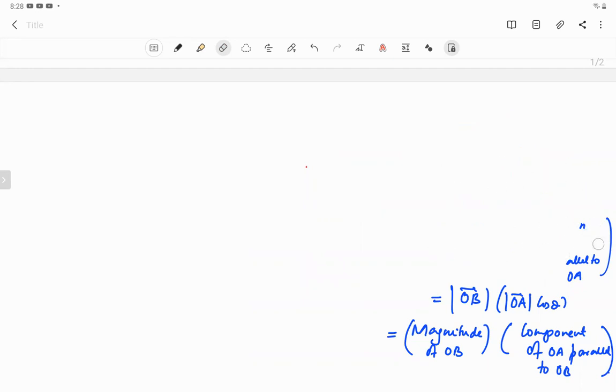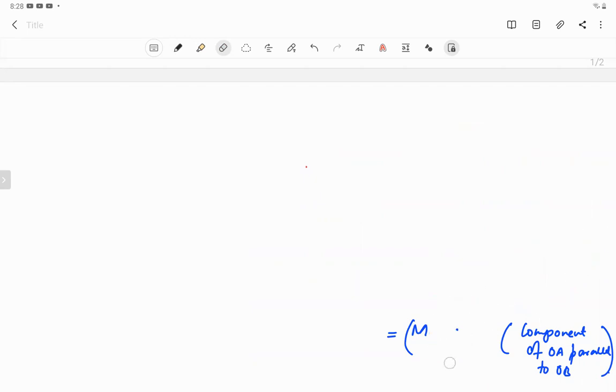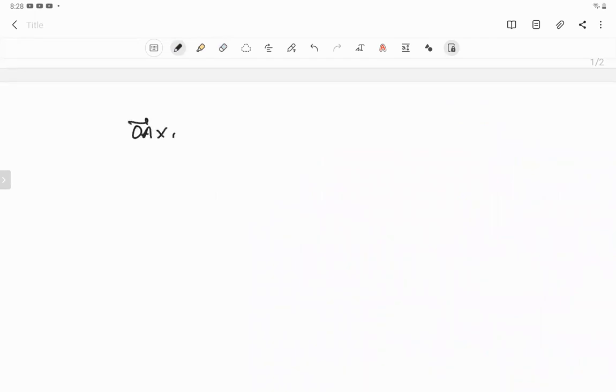In the previous case, you have seen that a vector can represent an area under special circumstances. For example, you know that the magnitude of OA cross OB was representing an area, although we haven't calculated its magnitude yet.